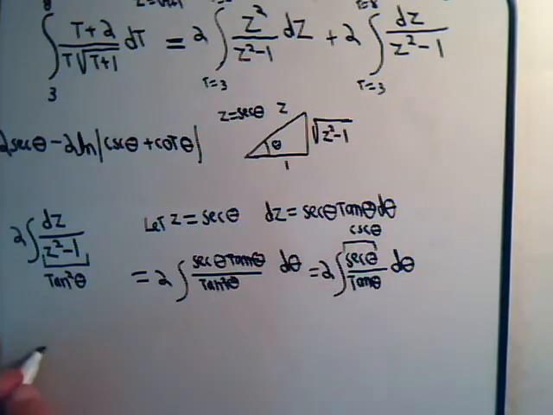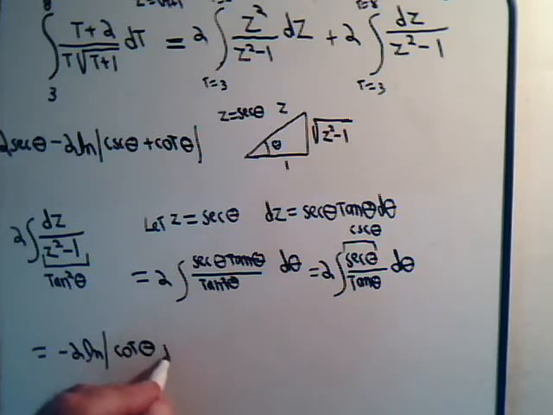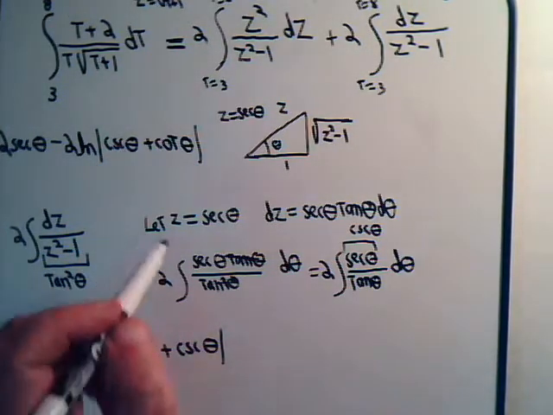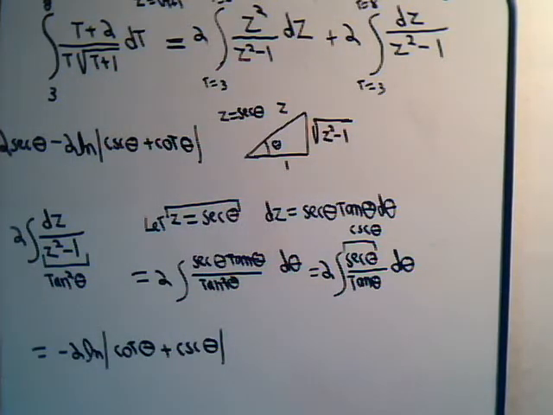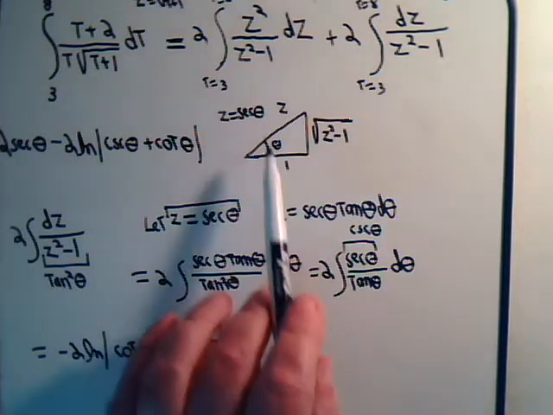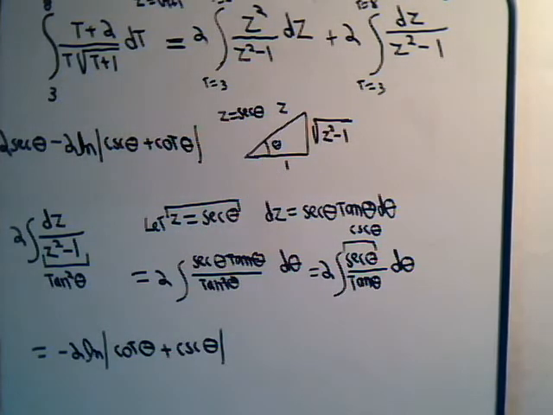So this will be equal to minus 2 times the natural log of the cotangent of theta plus the cosecant of theta. And that's what we have up here, and it's with the same substitution. So to determine the cosecant of theta and the cotangent of theta, we're working with the same triangle here.